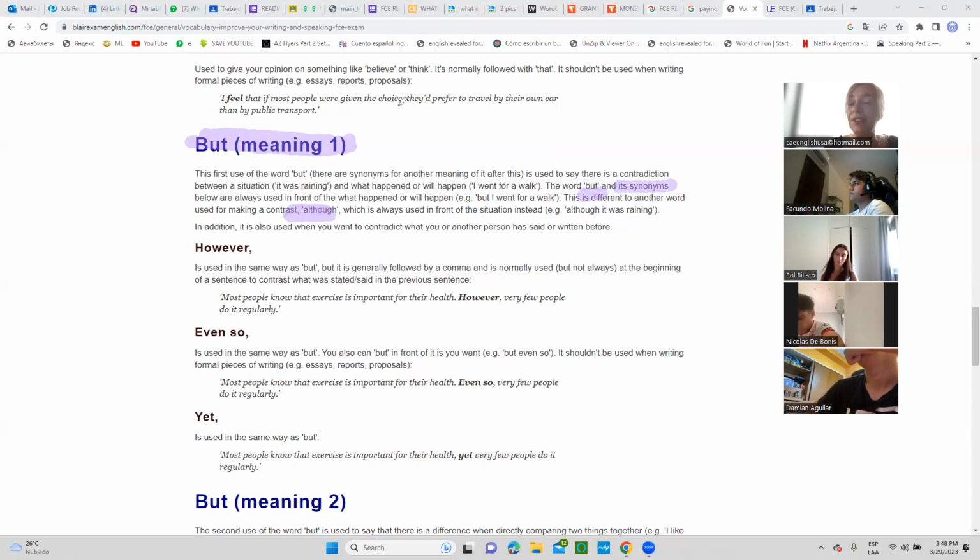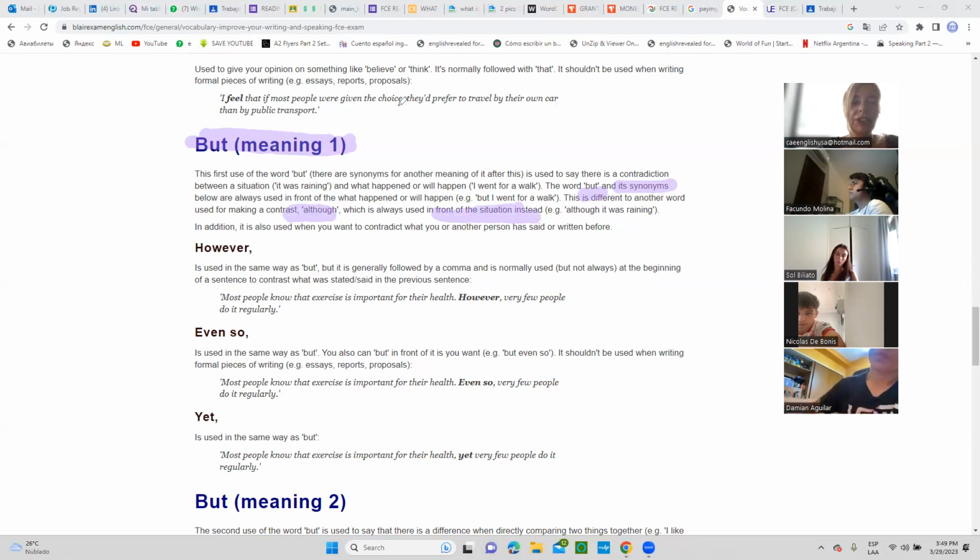With although and even though, it's different, because they are used in front of the situation. Although it was raining, comma, we went for a walk. Different with but. It was raining, but we went for a walk.